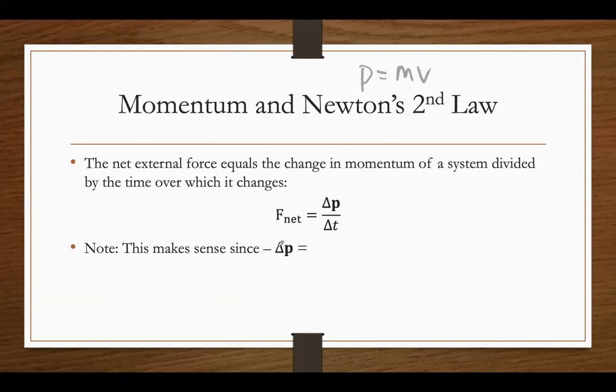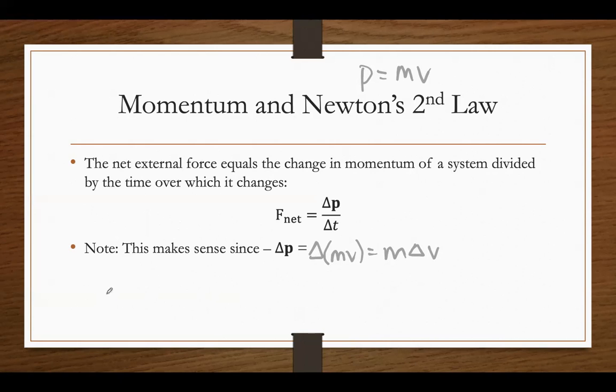If I want to take the change in momentum, I would need to take the change of mv. Mass does not change, so we can just leave that there, but we will have some change in velocity. So how does this relate directly to force?